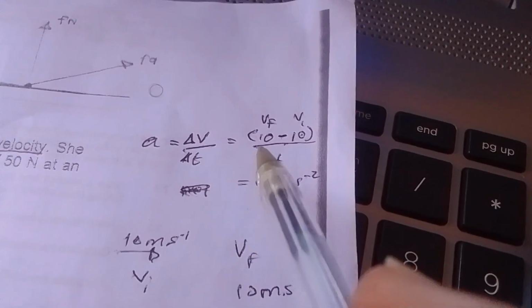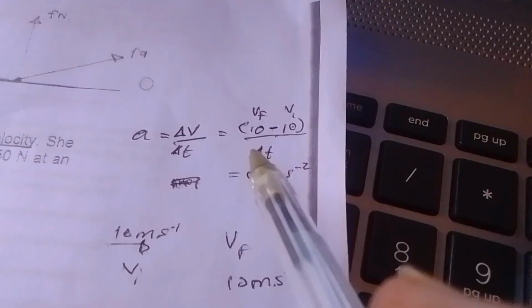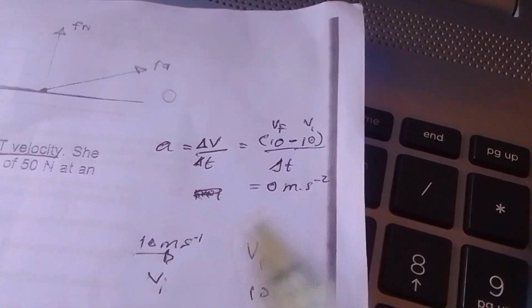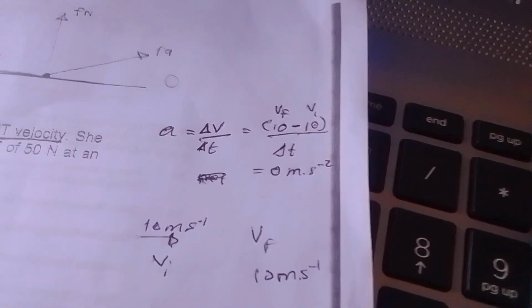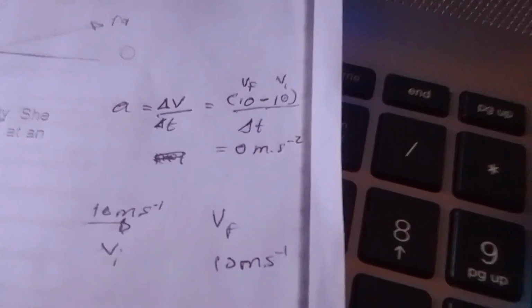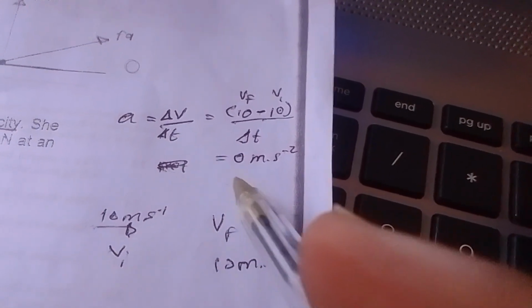So 10 minus 10 is 0, and a zero numerator divided by anything is 0.